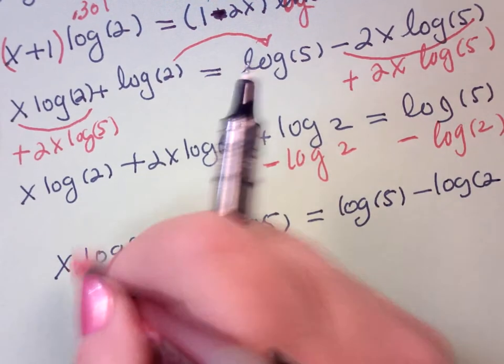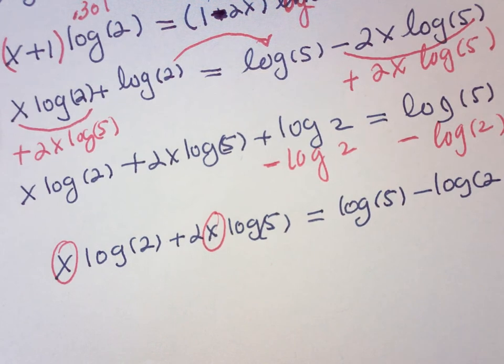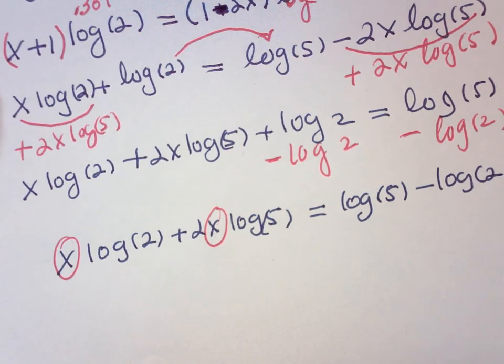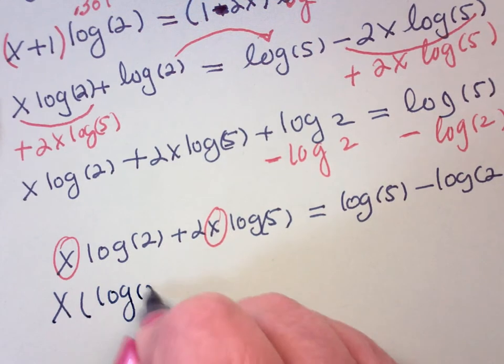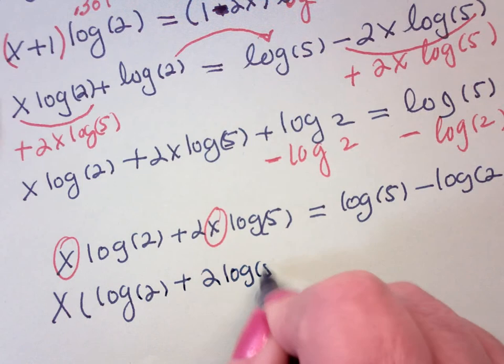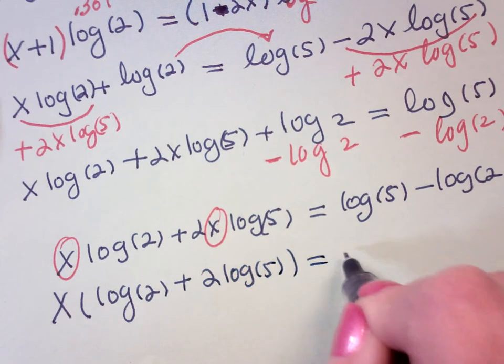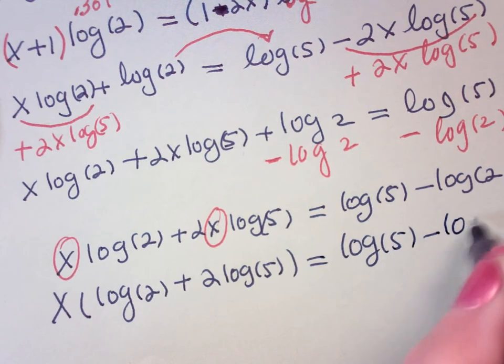Now you have a greatest common factor of x. So you can factor an x out, which is log of 2 plus 2 log of 5 equals log of 5 minus log of 2.